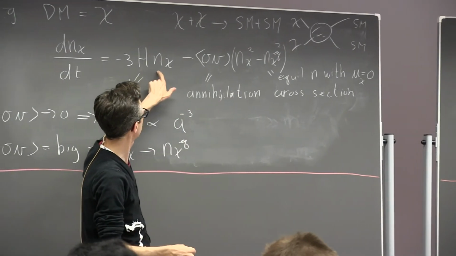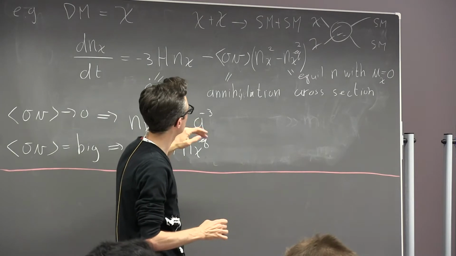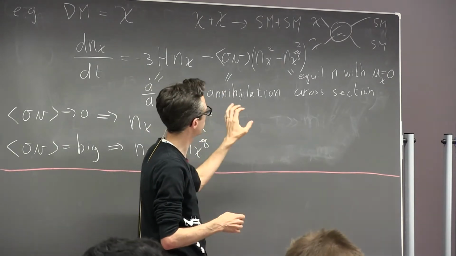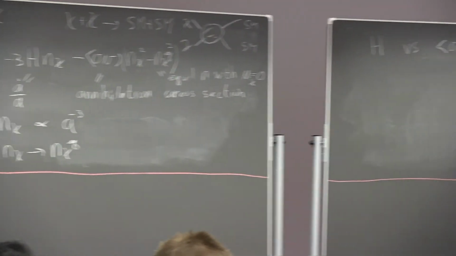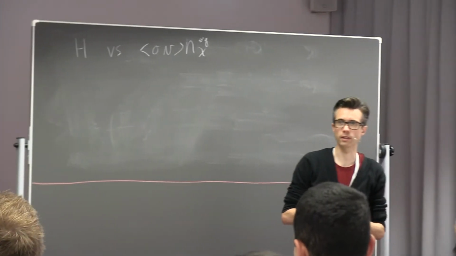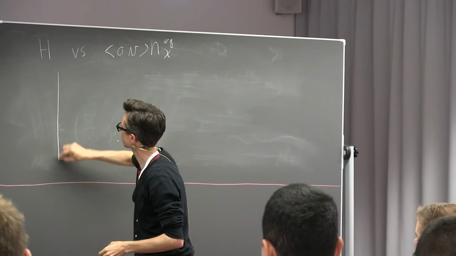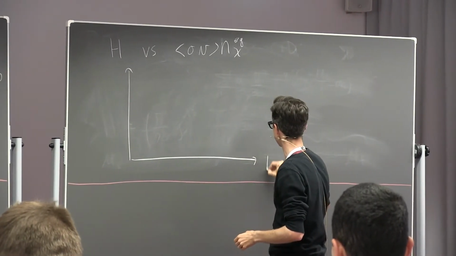If you think about canceling off one factor of the number density, if I'm close to equilibrium, I'm going to track the equilibrium pretty closely as long as the combination of cross-section times equilibrium number density is much bigger than Hubble.